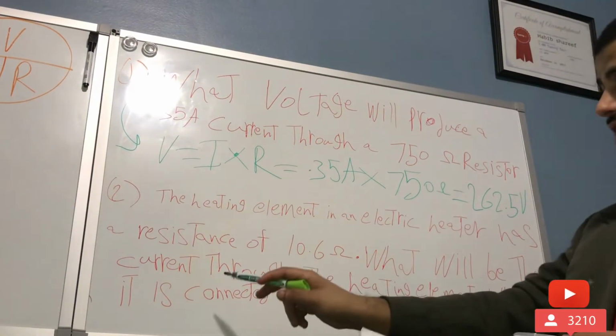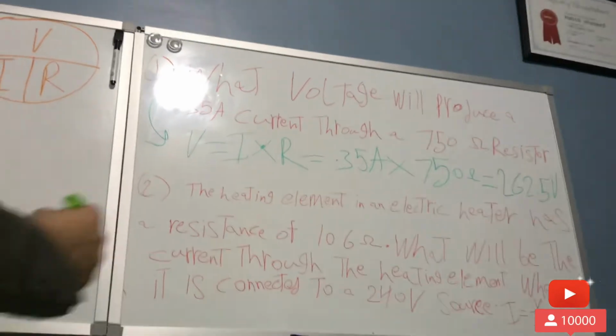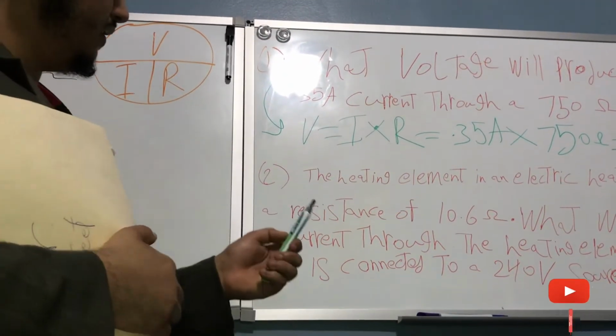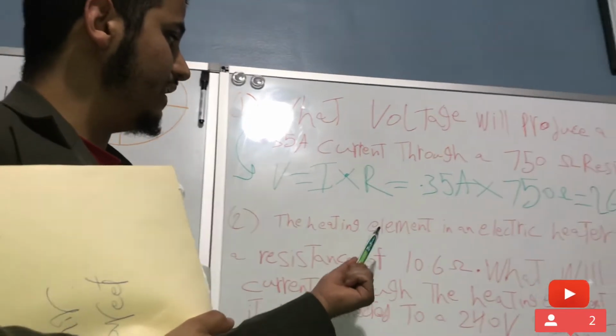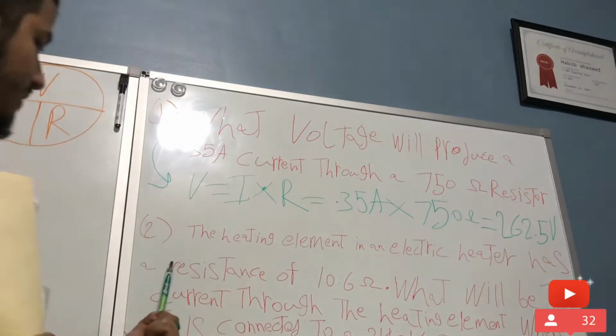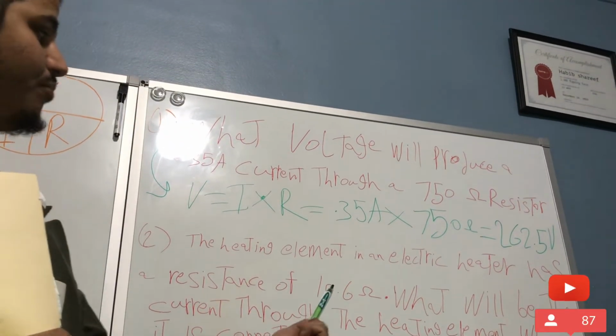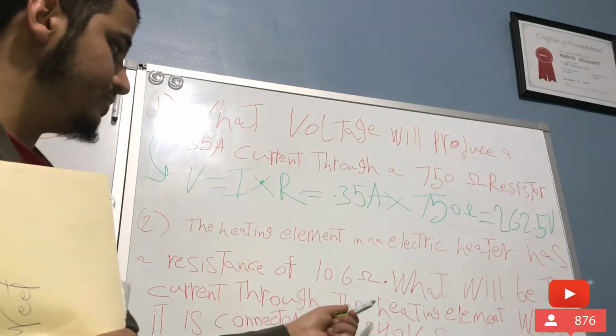And if you want to find the next one right here, it's asking you about the heating element. It says the heating element in the electric heater has a resistance of 10.6 ohms.